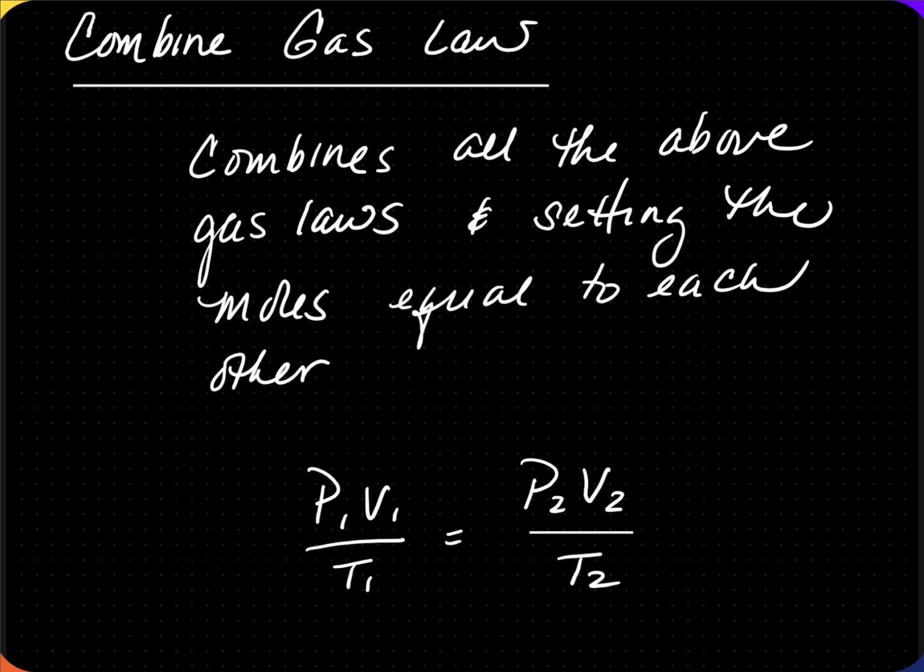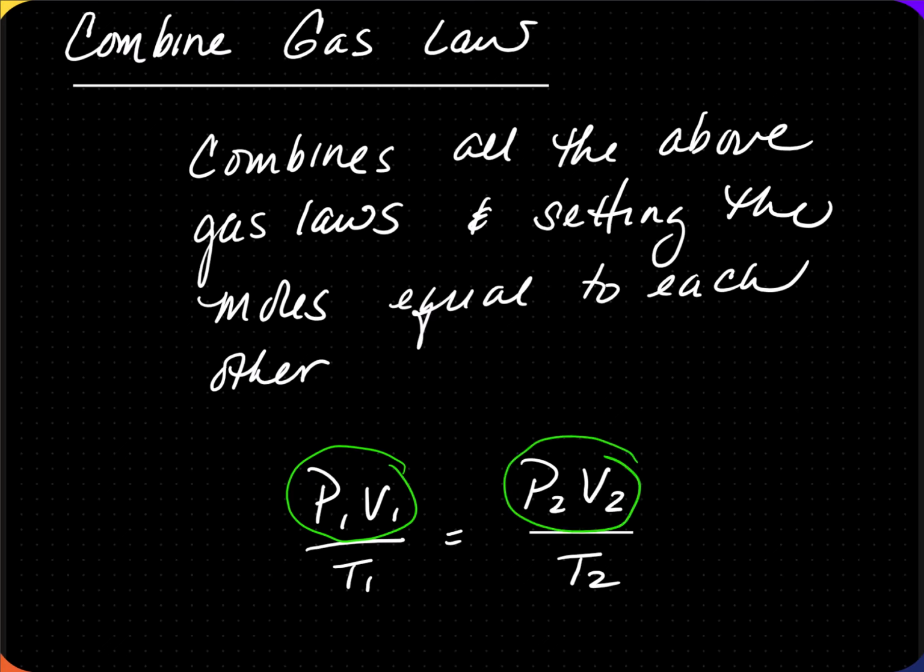The combined gas law combines all four gas laws above by setting their moles equal to each other from Avogadro's law. So if I look at my combined gas law, it's P1V1 over T1. If you cover the temperature, you have Boyle's law, P1V1 is equal to P2V2.